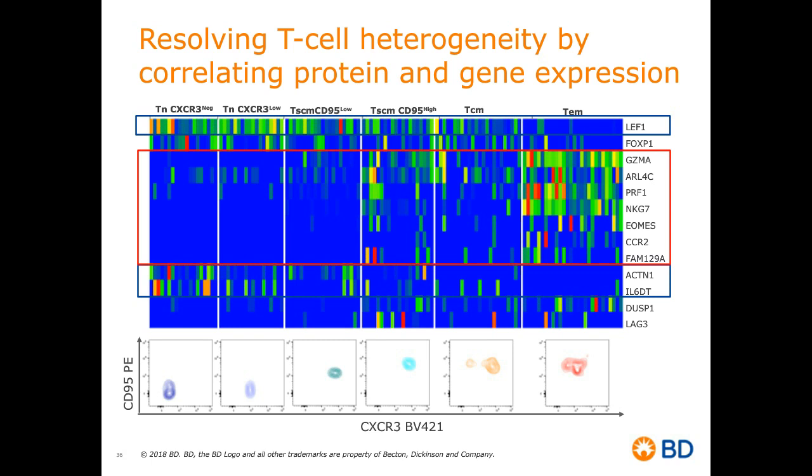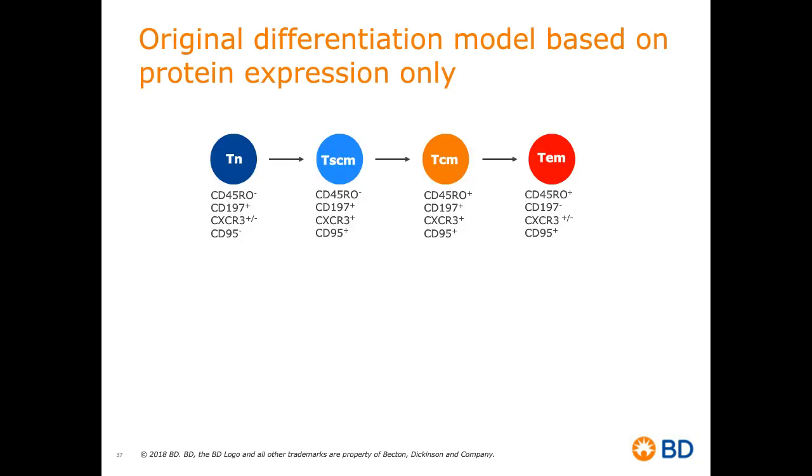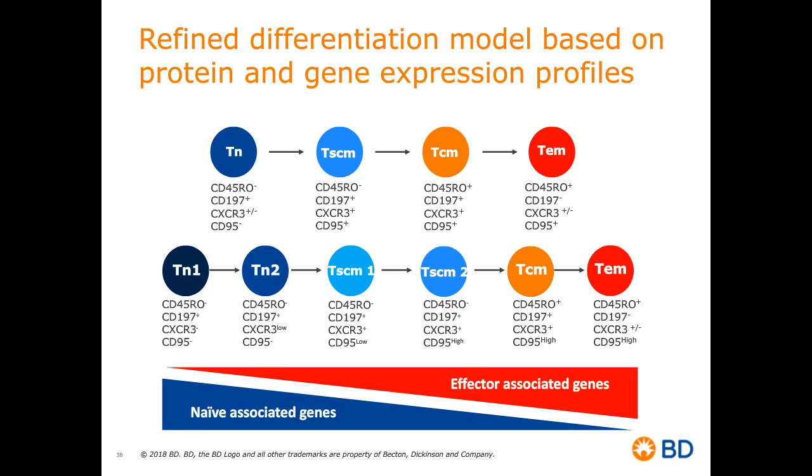So to summarize our observation, we started from a differentiation model based on protein expression only. But now, through the additional information that we've gained from the integration of protein and gene expression analysis mediated by index sorting, we have gained more information about different level of protein expression correlated with different gene expression profile.